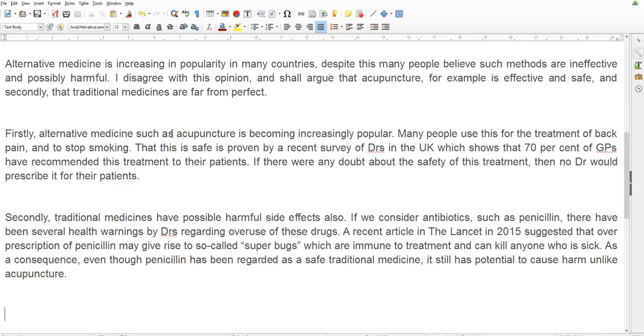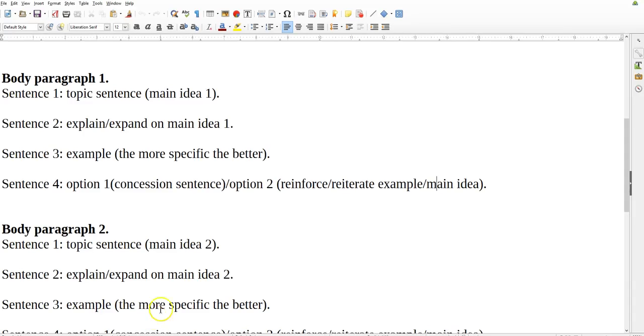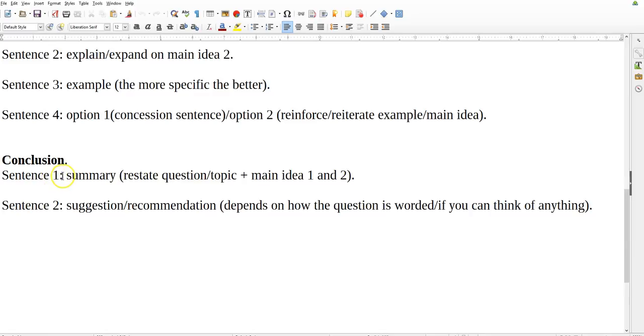Now, conclusion then. What we need is a summary. Restate the question, the topic and main ideas 1 and 2. Then make a recommendation.